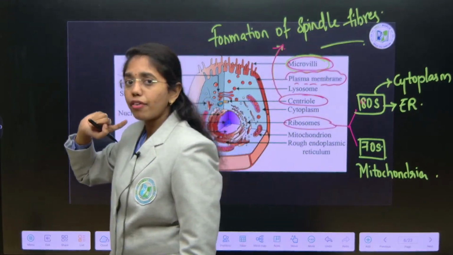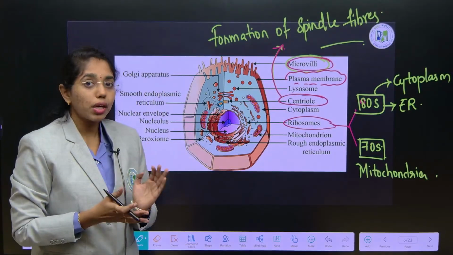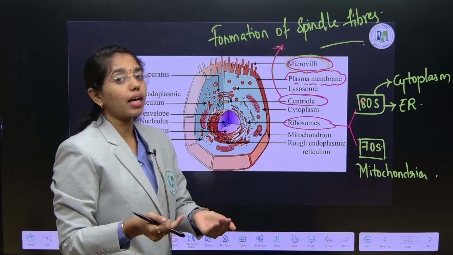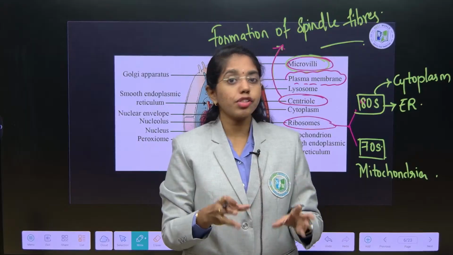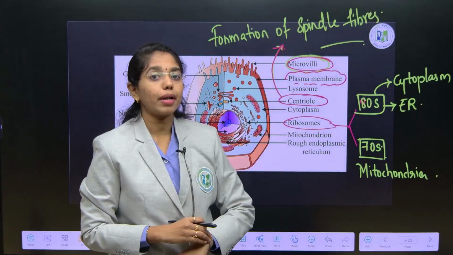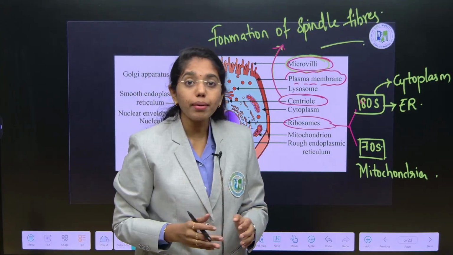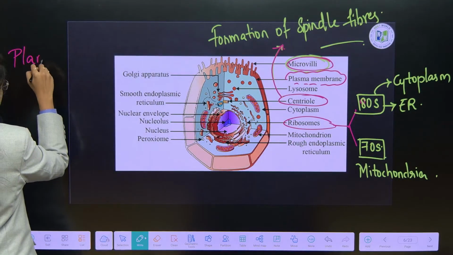Then you might have this doubt: are spindle fibers present in a plant cell? Without centrioles, how are plant cells conducting cell division? Plant cells don't have centrioles, so there will not be any formation of spindle apparatus or spindle fibers. But plant cells have a complex called the microtubular organizing complex.